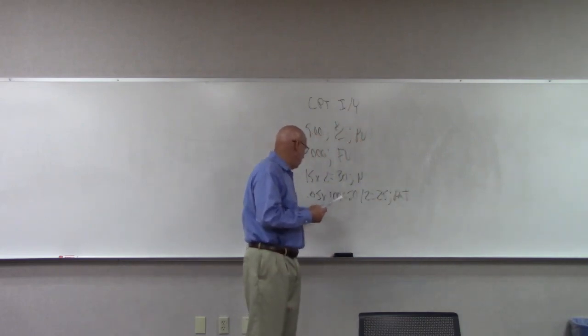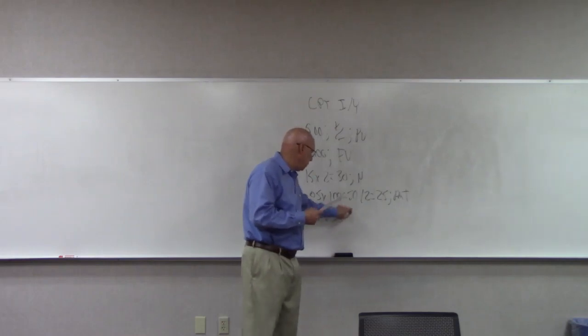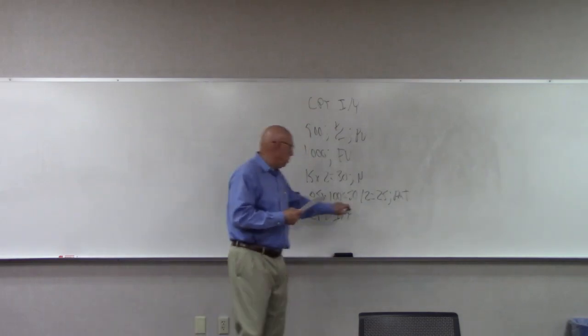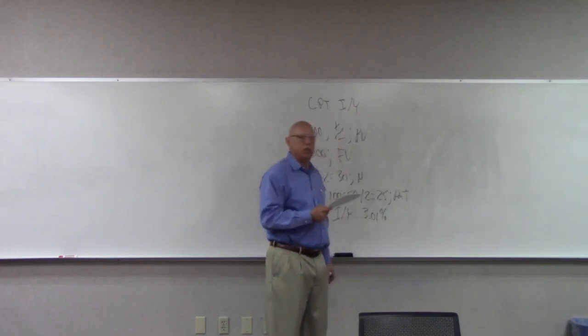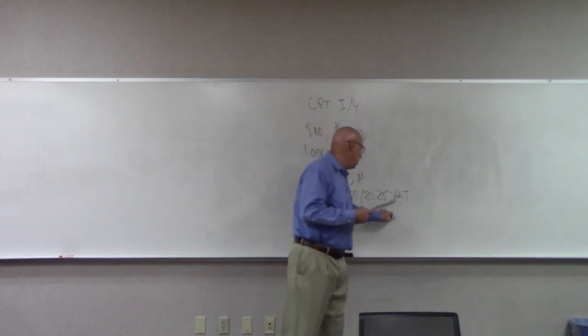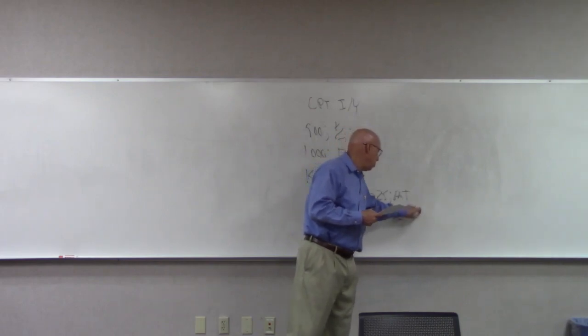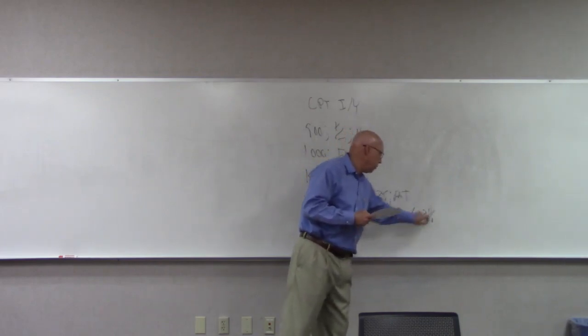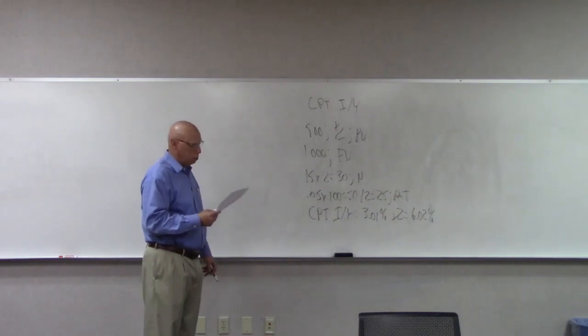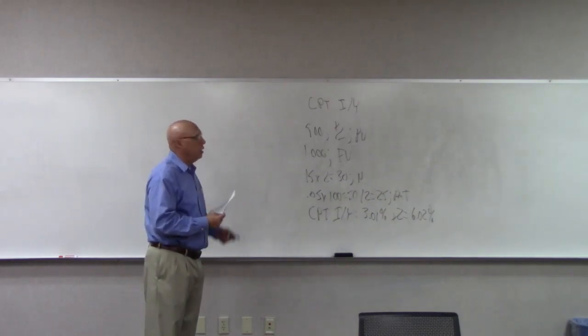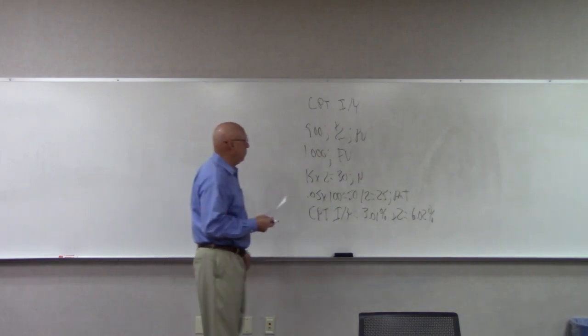Compute IY equals 3.01%. That is a semi-annual IY times 2, 6.02%. Okay? 6.02% is our annual IY, the annual market rate.